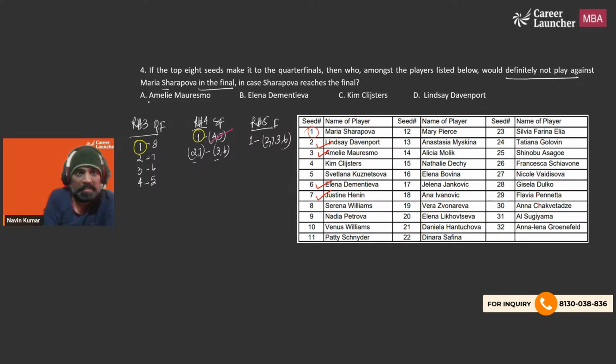So Amelie's name is there, so she is going to play. So that's not the option. Elena's name is there. Lindsay's name is there, so it's going to be Kim Clijsters, right? Because she must have lost to Maria already in semifinals, or maybe she lost to Svetlana in the quarterfinals. Who knows, right?